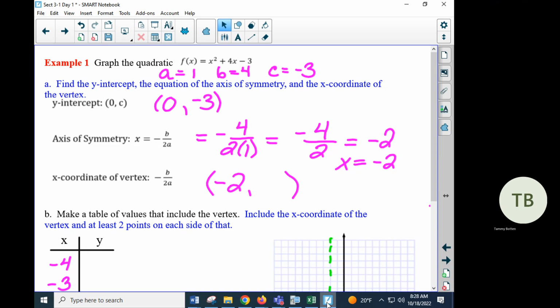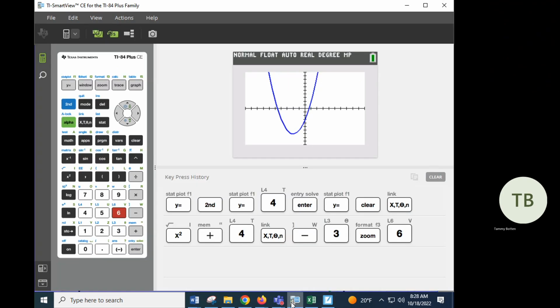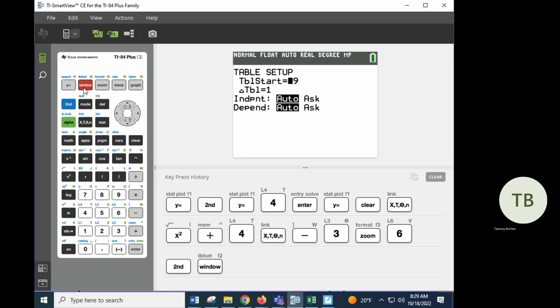So I'm gonna go back to this, and I'm gonna show you how to do a table. Now, we're gonna go second table set. And when we did our table, is our smallest number -4? Is that correct? On the table? Okay. So we want our table to start at -4.